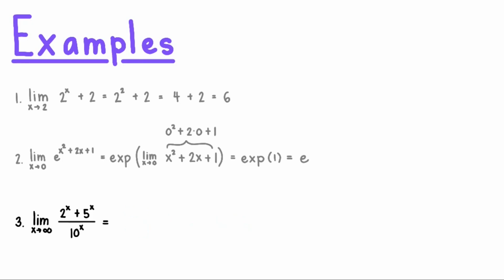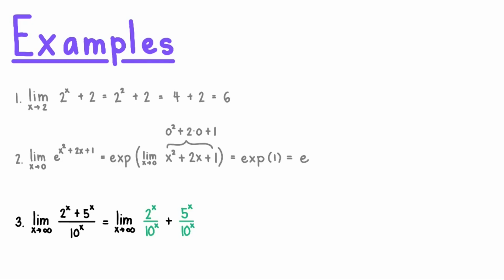So to answer this, we still need a little bit of manipulation. What I'll do is split this fraction into 2. That is, we'll have 2 raised to x over 10 raised to x plus 5 raised to x over 10 raised to x. This is simply by properties of fractions.